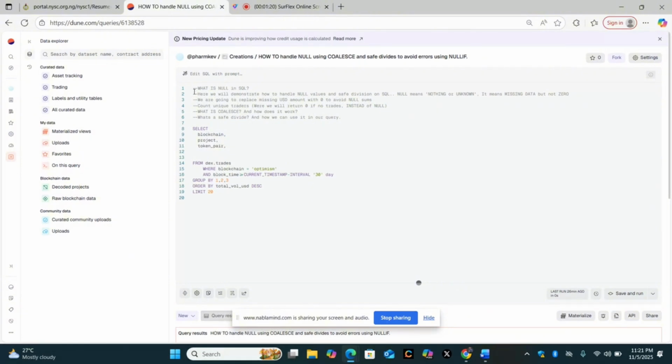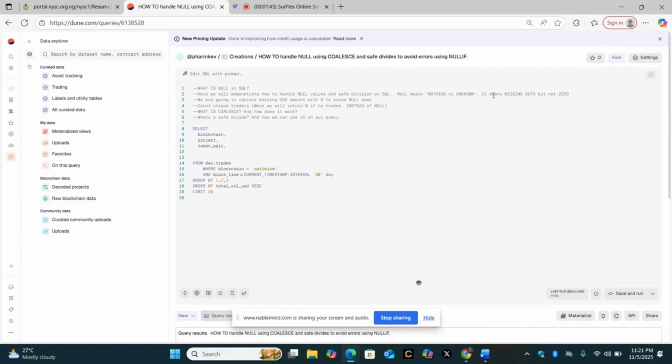I have written down some queries and highlighted some key points on what we are looking at directly. Here we're talking about what is null in SQL. Null means nothing or unknown.